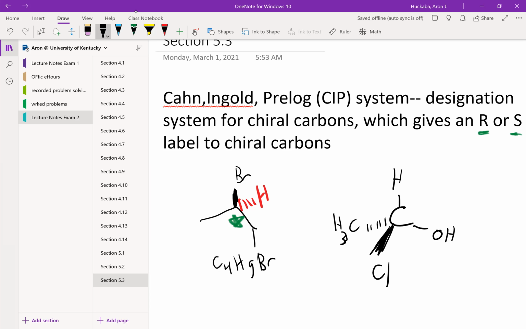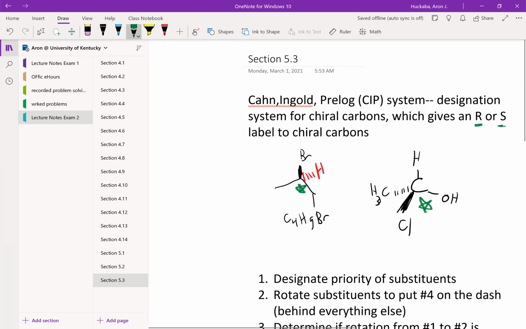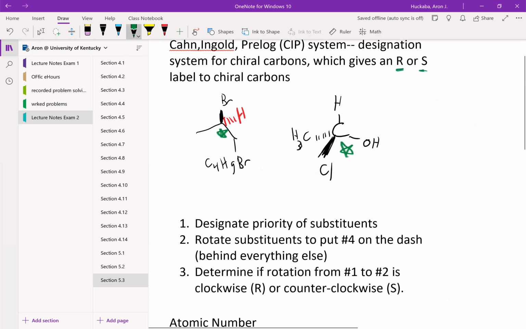In order to determine whether something is R or S, we need to do a set of rules each time. So the first rule is, obviously, do we have any chiral carbons? Yes. This one.